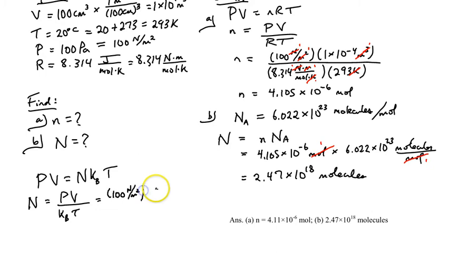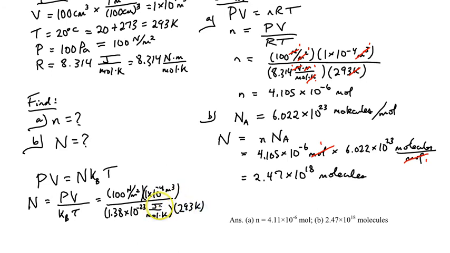The volume was 1 times 10 to the power of negative 4 meters cubed. And then we have the Boltzmann constant, which is 1.38 times 10 to the power negative 23 in joules per Kelvin. And then we have the temperature, which is given as 293 Kelvin.